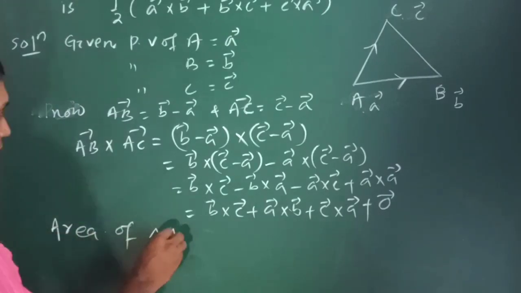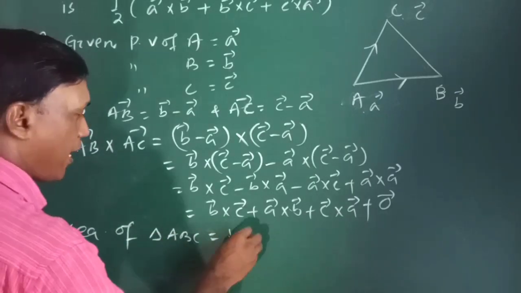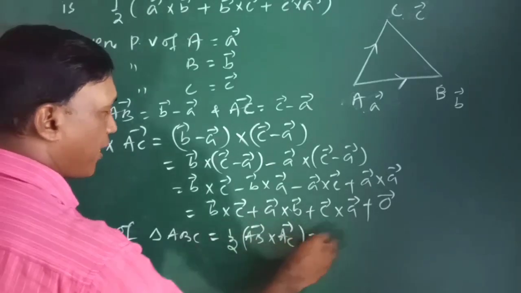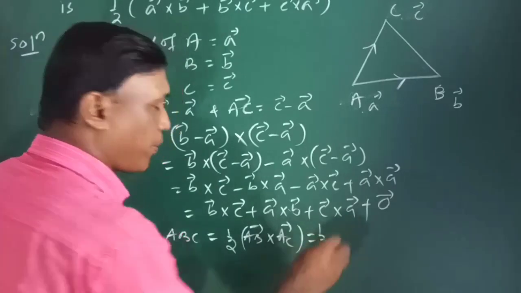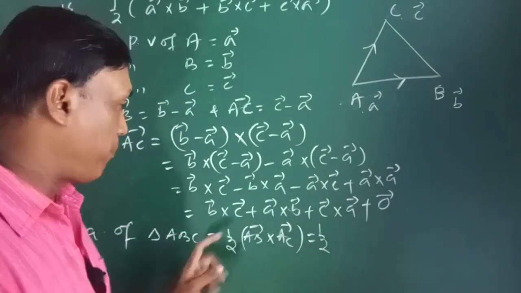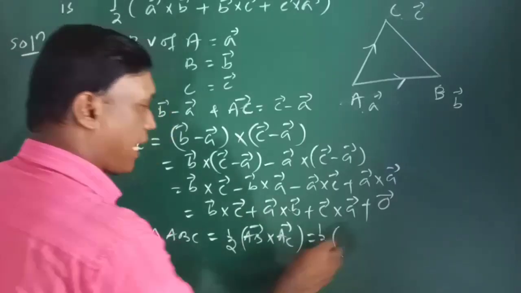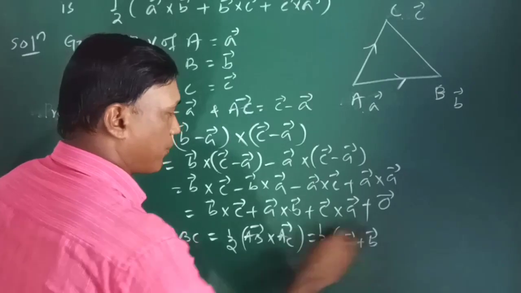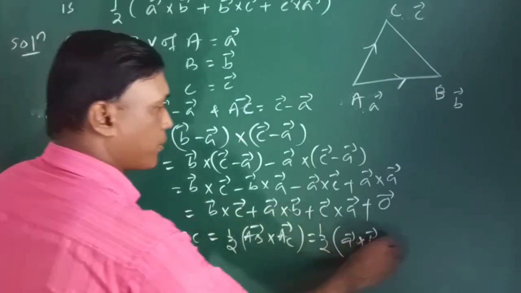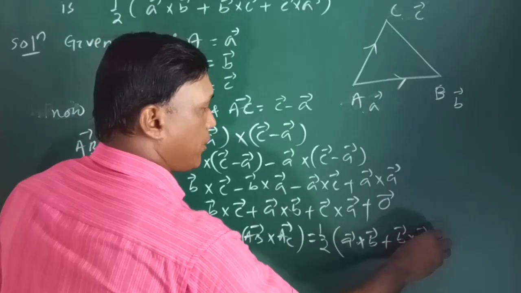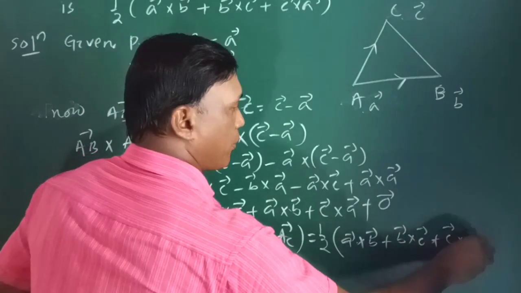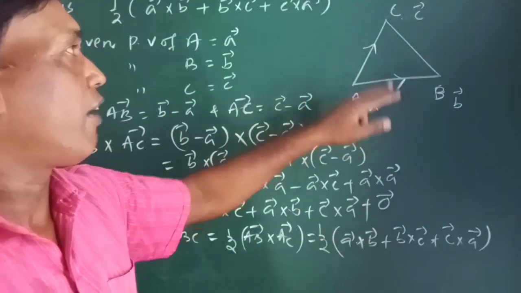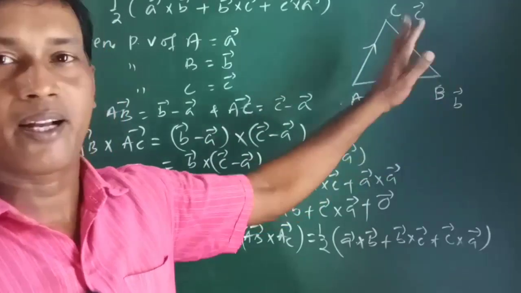Now the area of triangle ABC is half of the magnitude of AB cross AC. The vector area means half of AB cross AC, and if we arrange it, this is half of A cross B plus B cross C plus C cross A. This is the vector area of a triangle where the vertices have position vectors A vector, B vector and C vector.